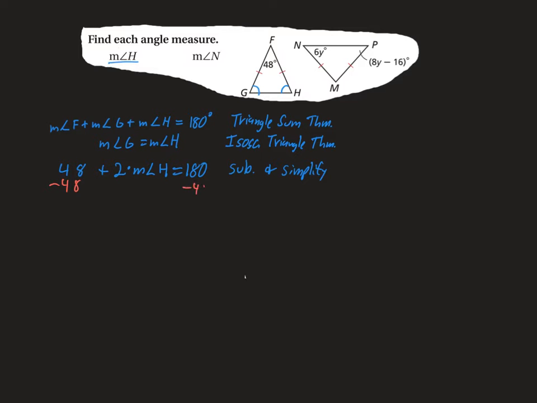So now we're solving for the measure of angle H. So subtract 48 from both sides. I get 2 times the measure of angle H, and that equals 132. Then just divide both sides by 2. So the measure of angle H equals 66 degrees.